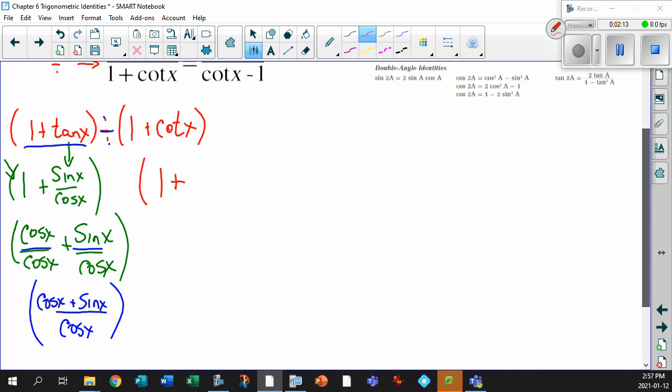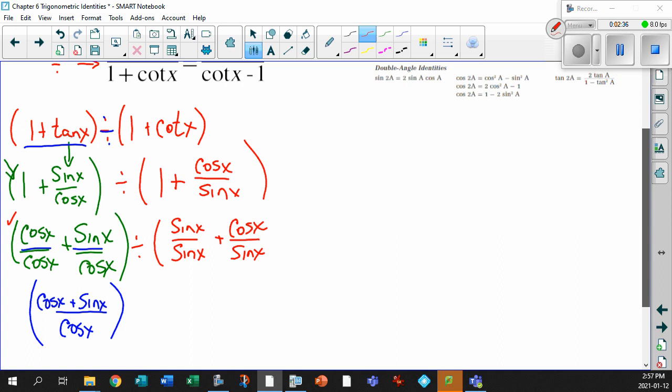But cotangent x is cos x over sine x, right? Remember, it's divided. Okay, so what does this mean? You can do the same thing you did here. Common denominator. Okay, so this is going to now be sine x over sine x, right? Plus cos x over sine x, common denominator. 1 is just sine over sine. Okay, put them together. Watch this.